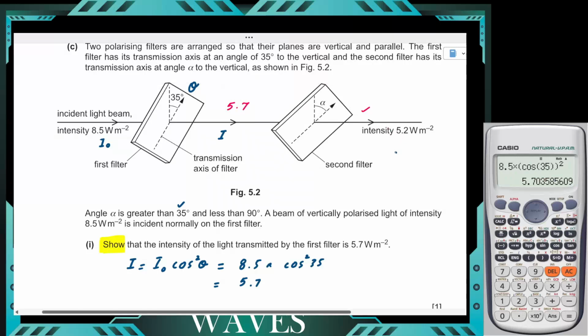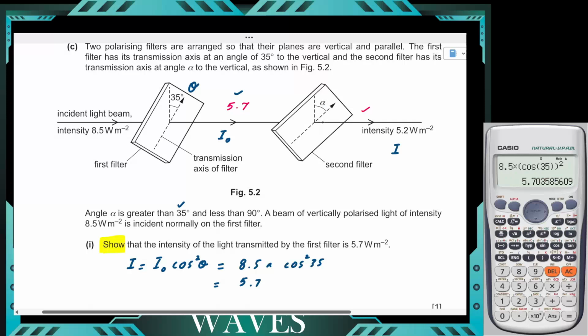So we don't have to find the new intensity; rather, we need to find the angle at which the new intensity should be 5.2. For the second case, let's call this one I naught, because for the second case this is the original intensity. Let's call this one I, which is the new intensity.